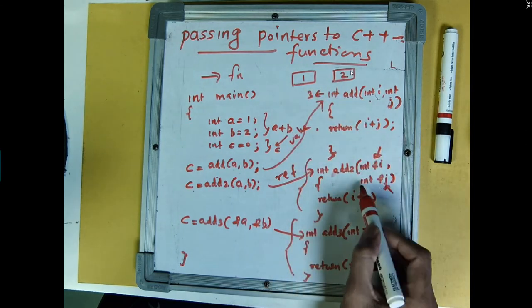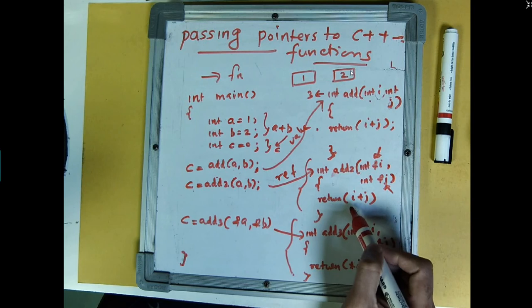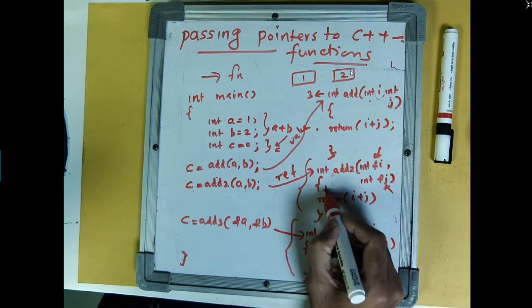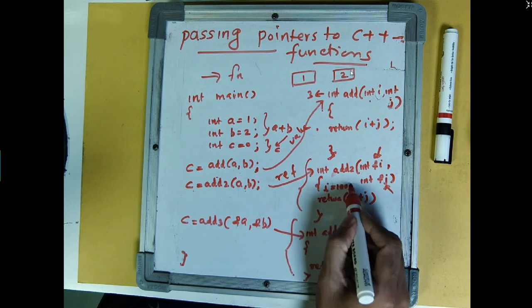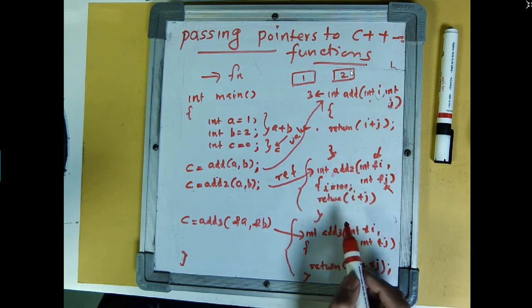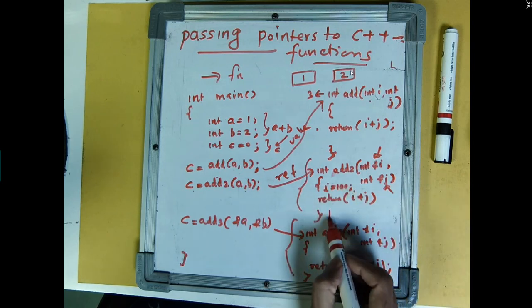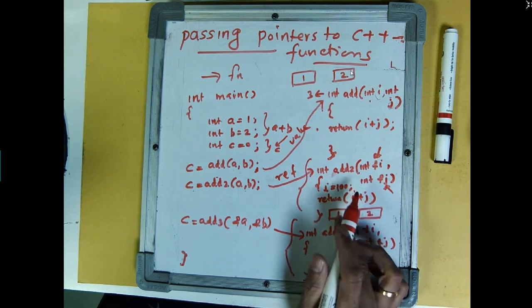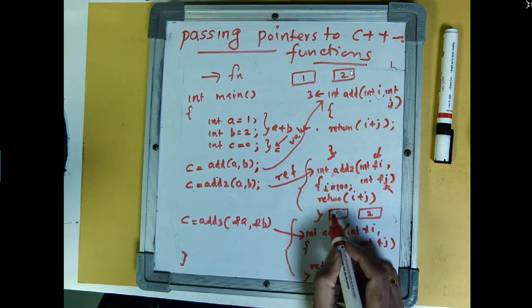In this particular case also you are getting the same, but suppose by mistake somebody has changed i is equal to 100 within this. Then what happens at the end? The a which we were passing was 1 and 2, but suddenly by address this has got changed.